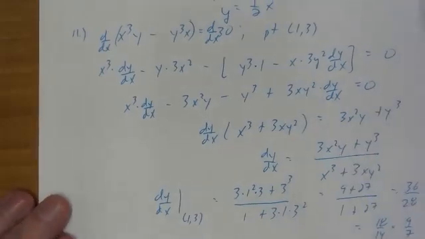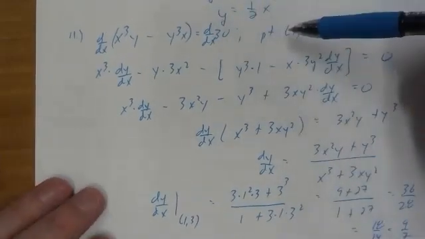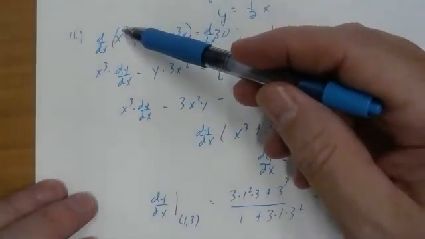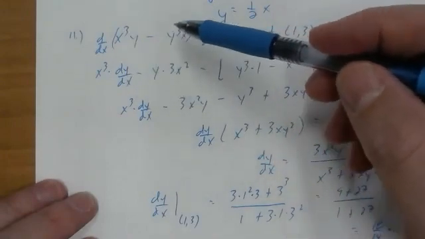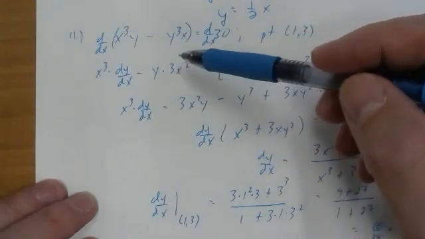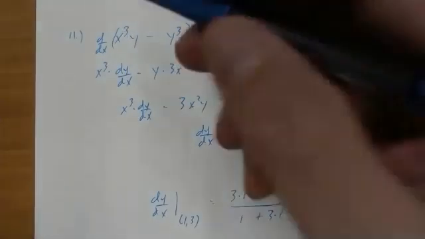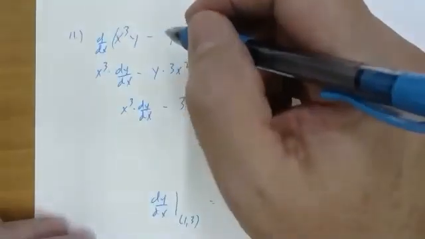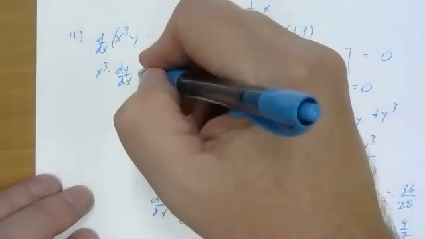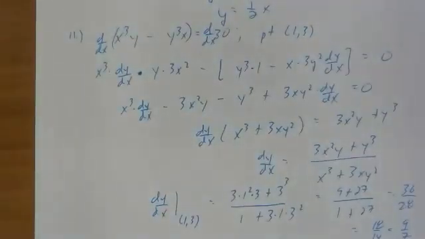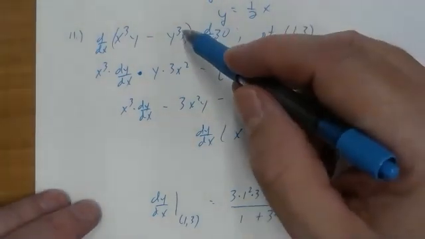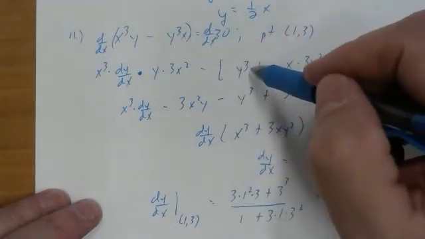So let's just check my work. That's what you always do. Product rule: first times the derivative of the second minus the second times the derivative of the first. Oh, not subtract, it's multiplied here. See, I'm not careful. This is multiplied, it's not subtracted.